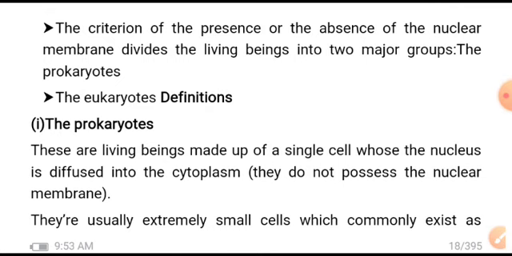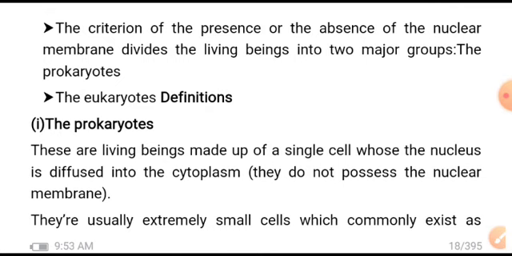This is one feature that is considered while we are classifying living things. According to the presence or absence of a nuclear membrane, living things can be divided into two groups. Which ones? The prokaryote and the eukaryote.